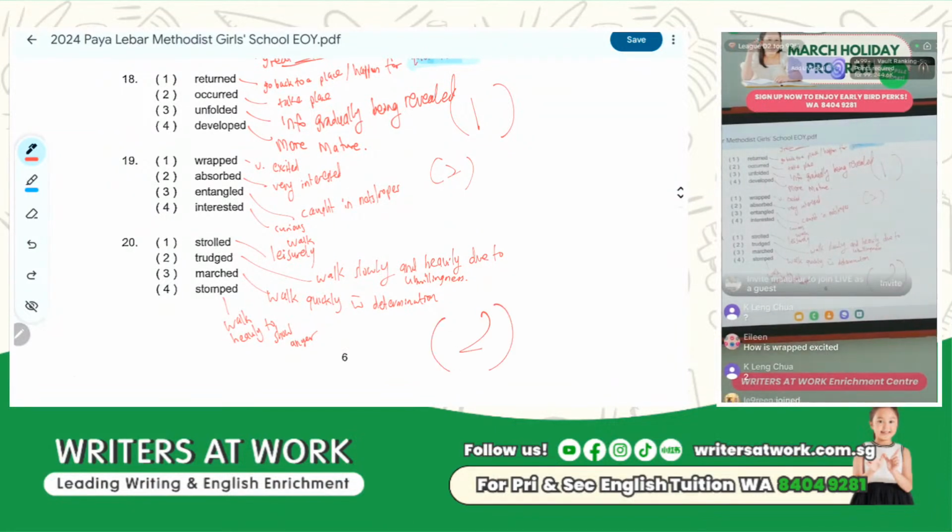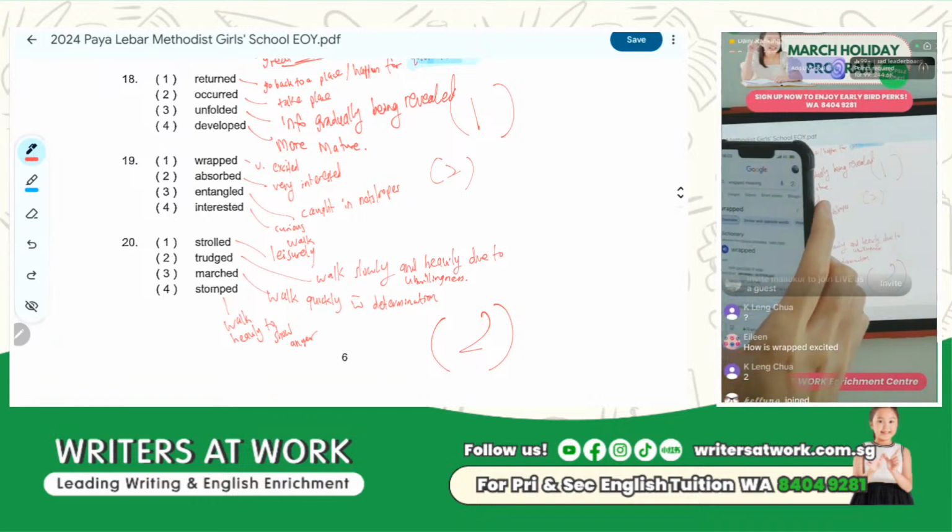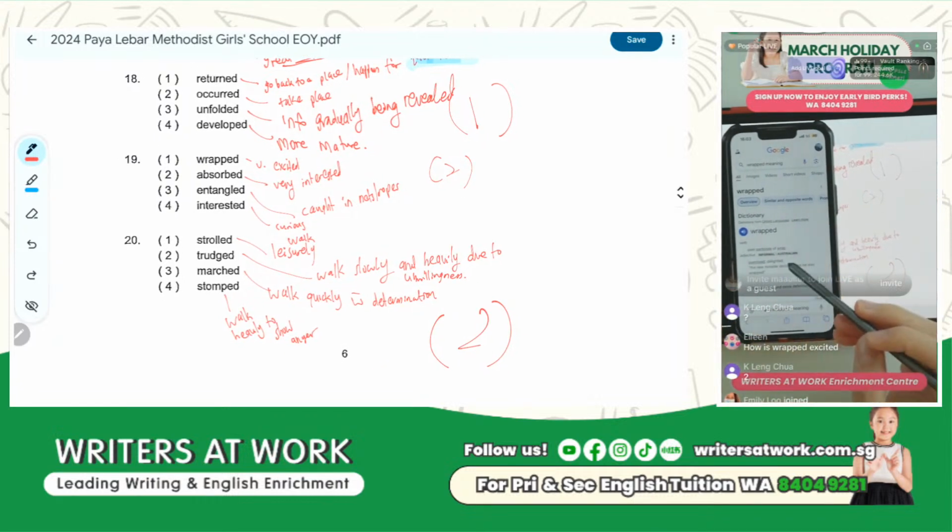Okay, next thing. Someone is asking, how is wrapped excited? Well, if you search the dictionary, come let me show you. You can see it can be a verb or it can be an adjective.